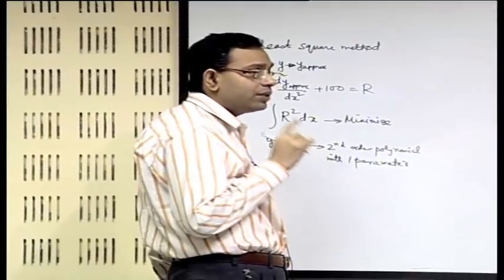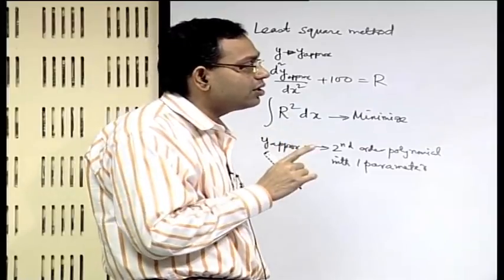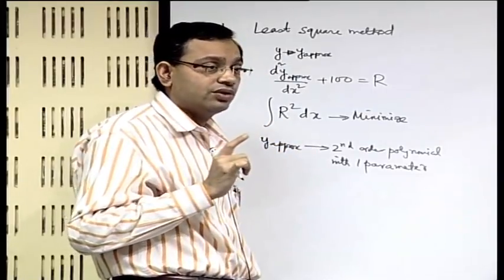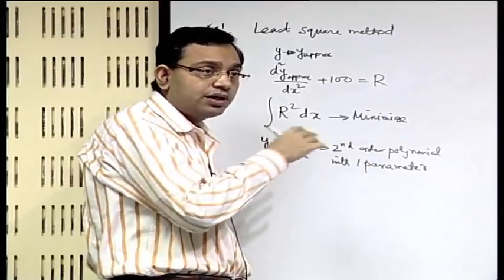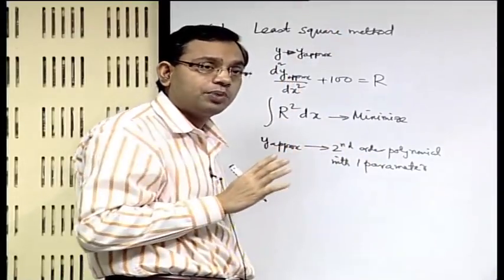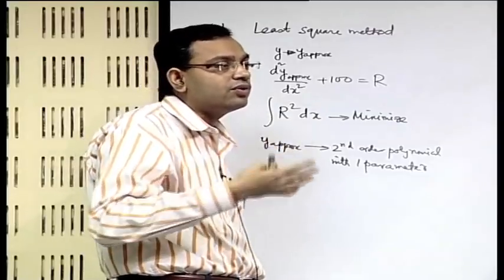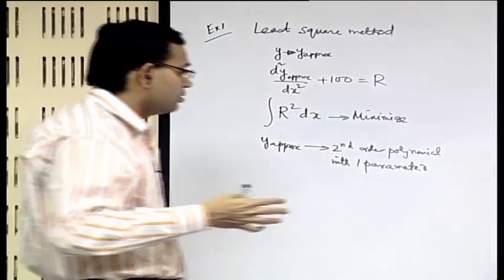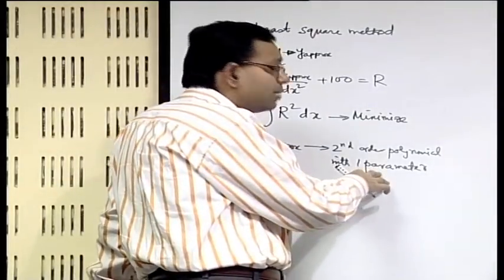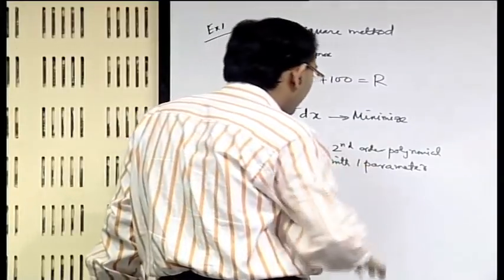That means, it should be a polynomial of such type that at x equal to 0 it should be 0 and at x equal to 10 it should be 0, and it is a second order polynomial by our choice. Remember, you could also choose higher order or lower order polynomials, and the general expectation is that higher order polynomials will give you less error because you have considered more number of terms. And with one parameter means there will be one unknown parameter which you are interested to find out.